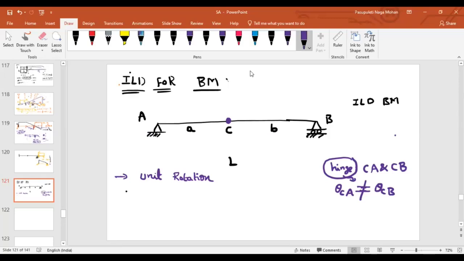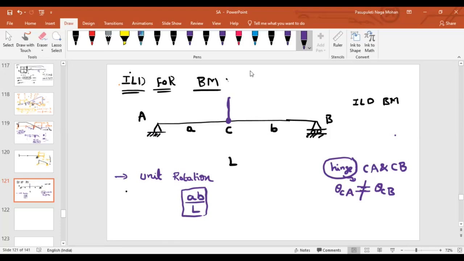Now, just to give you clarity, wherever you want to draw ILD for bending moment, move that point in an upward direction with a magnitude of AB by L. I will justify this in a minute.